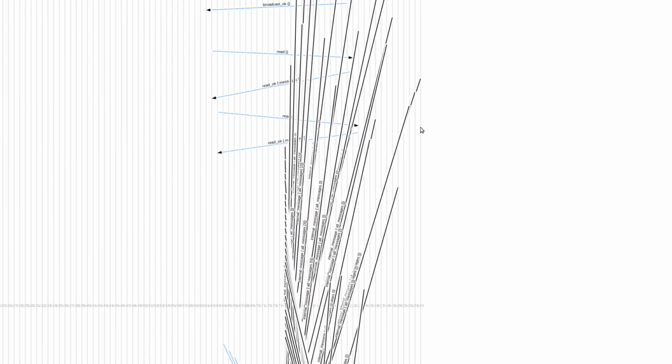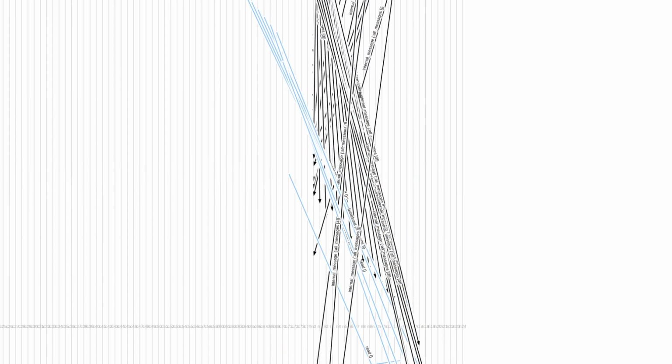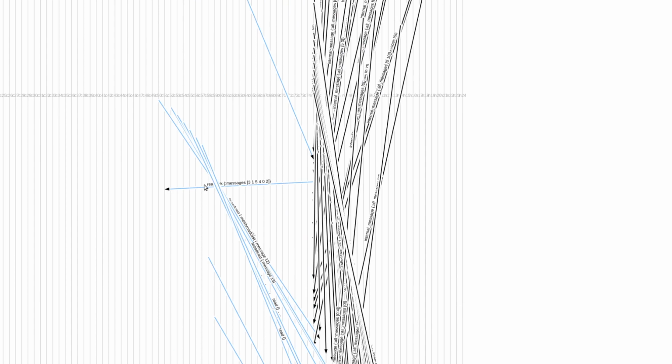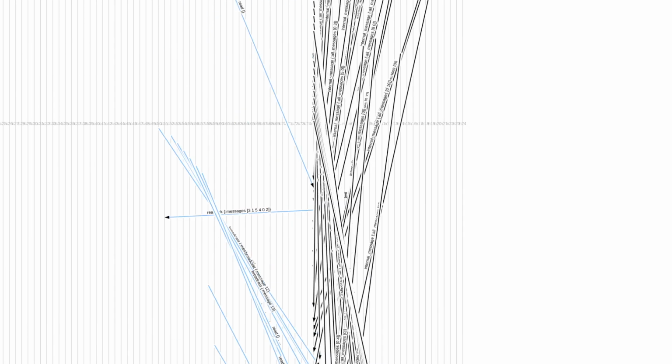As you can see, these black colored lines are the internal messages. They are taking too much time, but they are working concurrently one after the other, and all these read and read OK messages are also getting transferred. These internal messages are being transferred after every 150 milliseconds, sorry. As you can see, these are the messages that are being transferred.